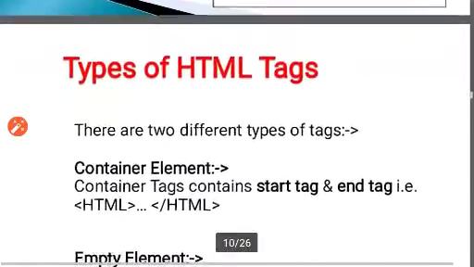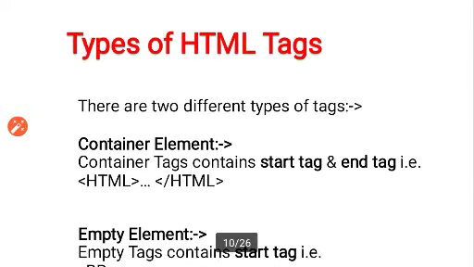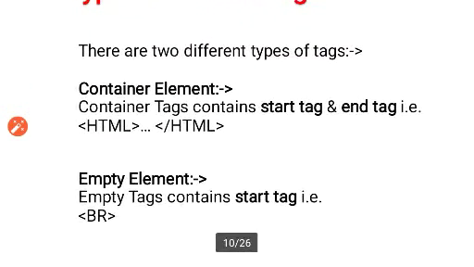Now, what are the different types of HTML tags we have got? There are two different types. One is container element or container tag, and the next is empty element or empty tag. So container tags contains start tag and end tag. Okay, whereas empty tag contains just the start tag.